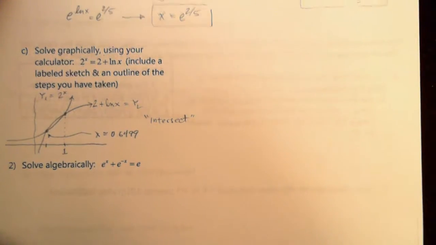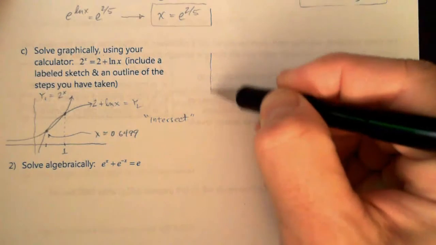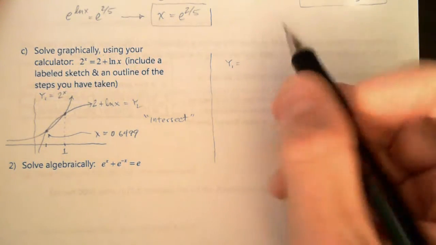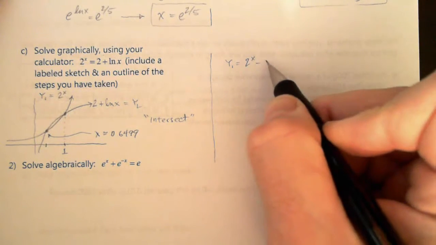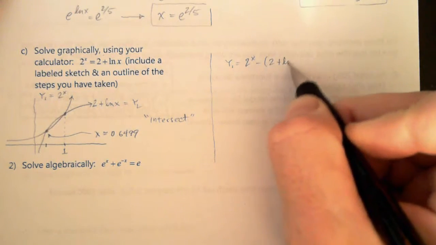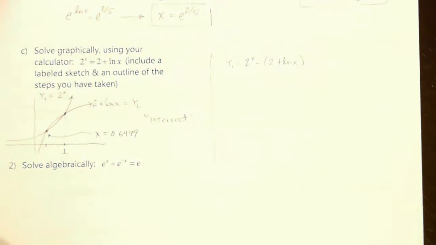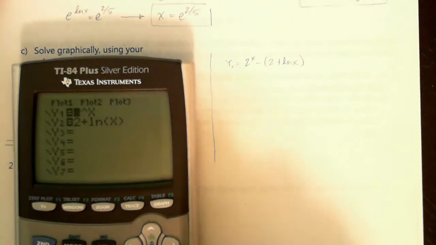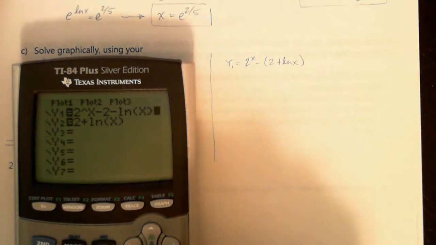Alternatively, what we could have done is we could have graphed y1 is equal to 2 to the x minus 2 plus ln x. And let's see what happens if we do that. Minus 2 minus ln x.